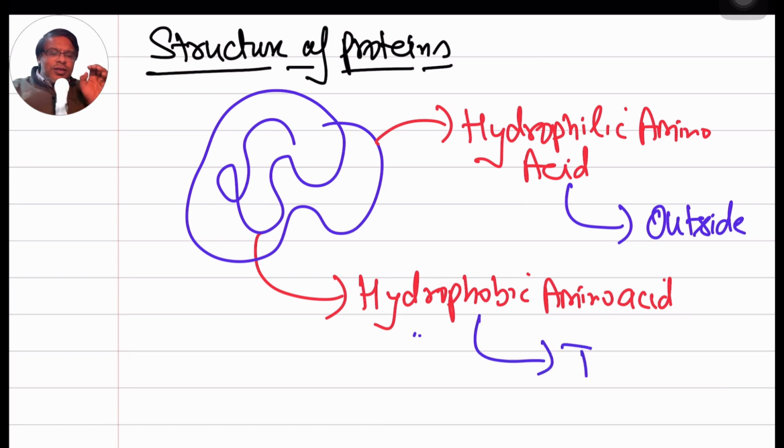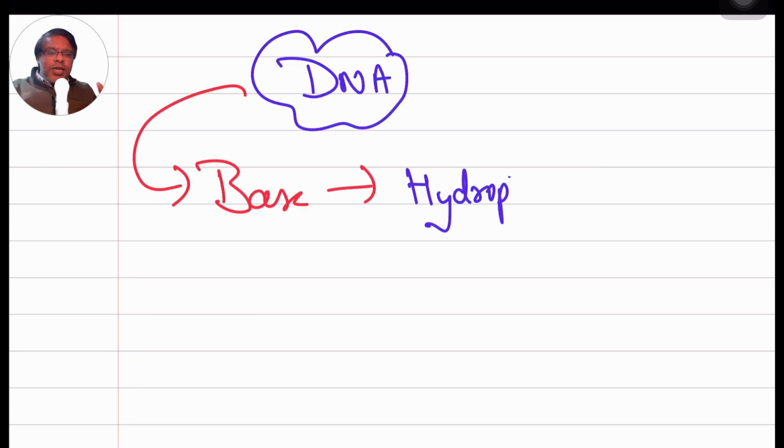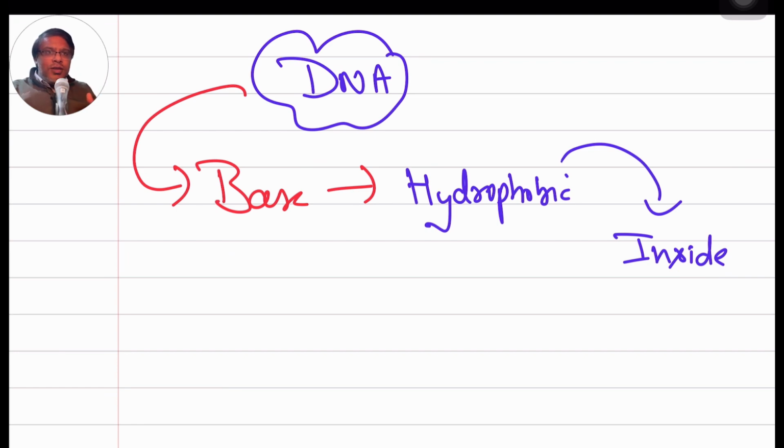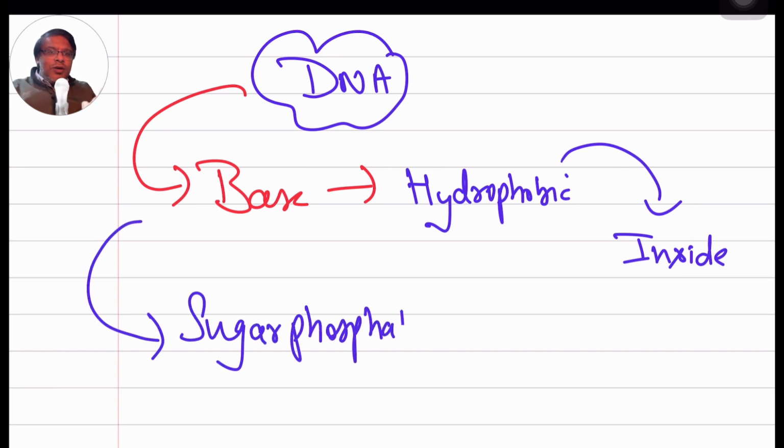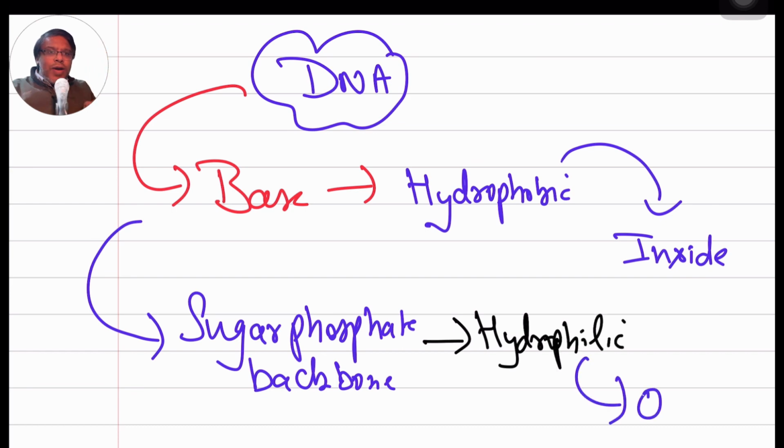Now keep in mind this concept, because the same concept we are going to apply in the case of DNA also. In the case of DNA, the bases are hydrophobic, and that's why they are inside. While the sugar phosphate backbone is hydrophilic, and that is outside.